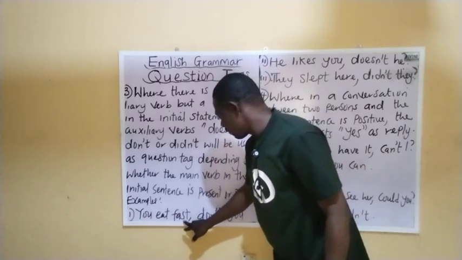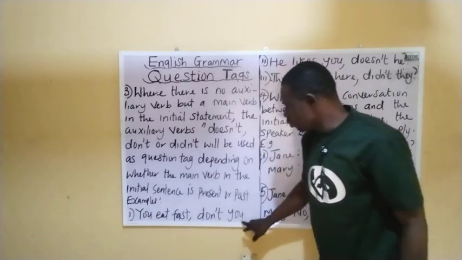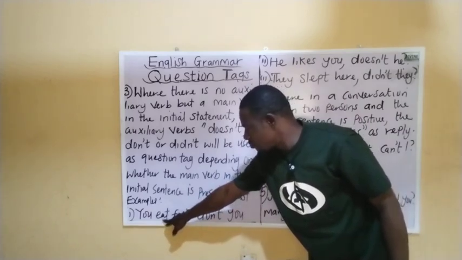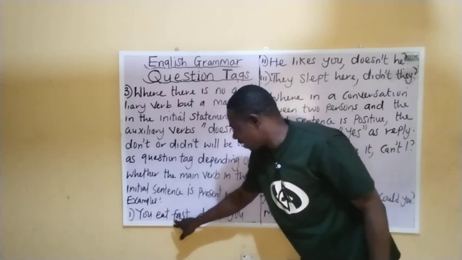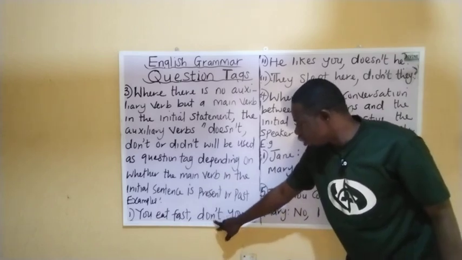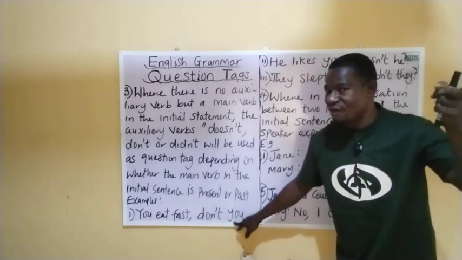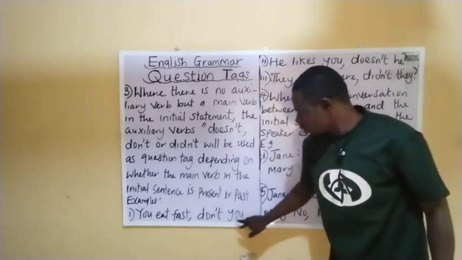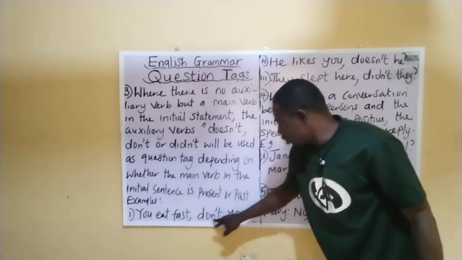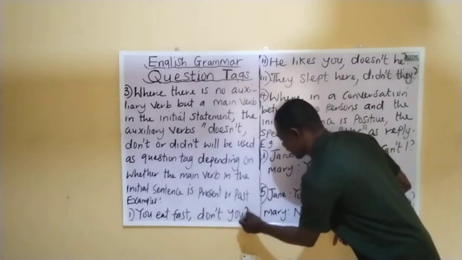You eat fast, don't you? Eat here is a plural present verb. You eat fast, plural present verb. So we have to use don't you. So we have to check if our answer is correct. You don't. Okay, you eat fast, don't you is a question tag.